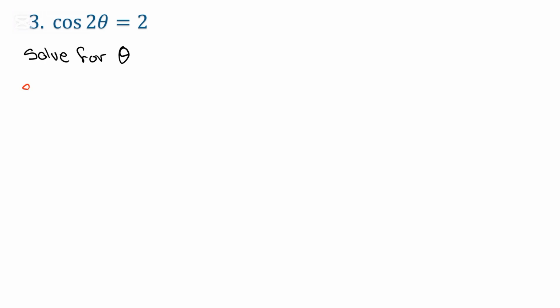Step 1, you need to isolate your trig ratio. You identify your trig ratio. You see that cos 2 theta is your trig ratio, so you must isolate it.